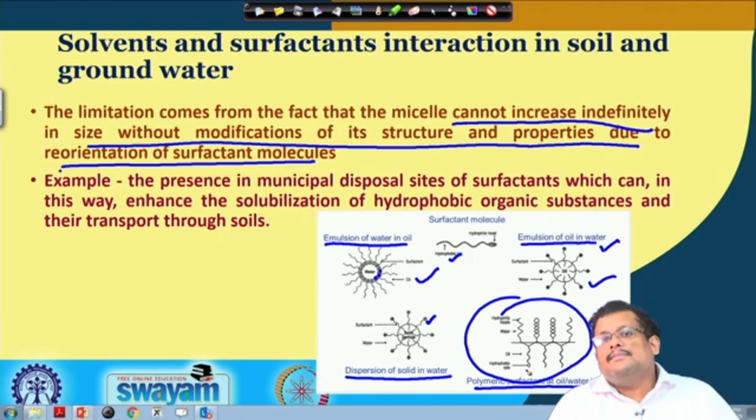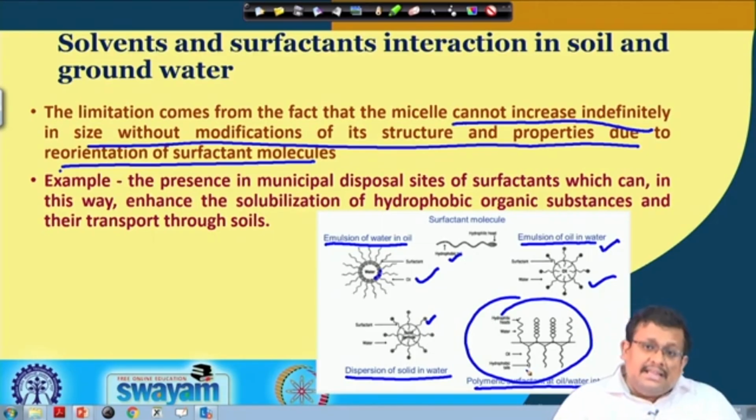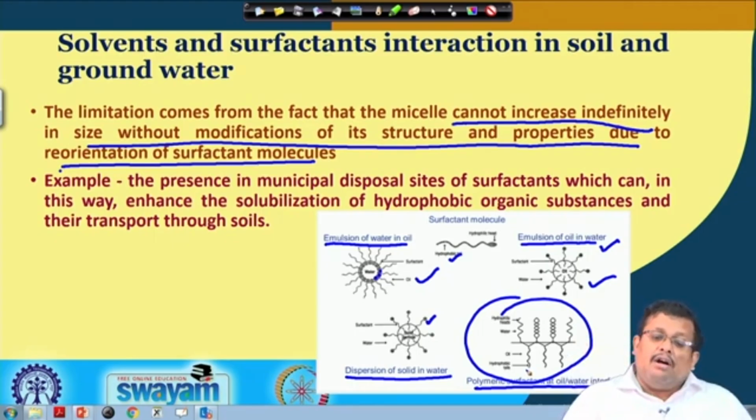As far as the movement of different hydrophobic toxic organic chemicals in the environment is concerned, the impact of surfactants is very important, and we cannot neglect that. That is why surfactants are considered one of the major environmental pollutants, because of their dispersing characteristics.